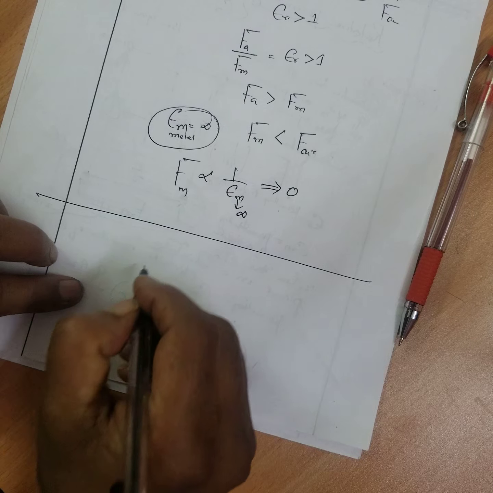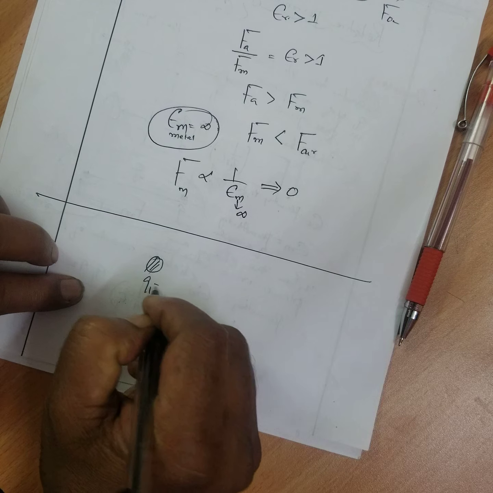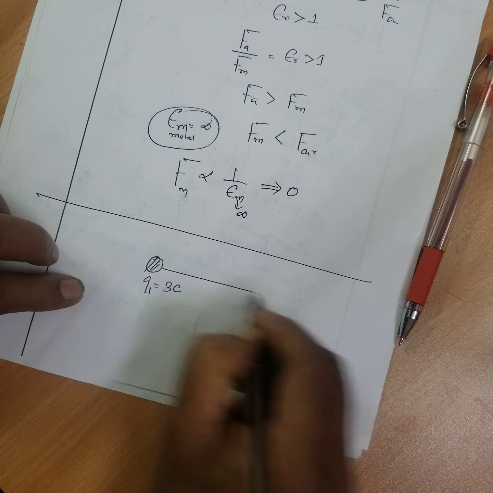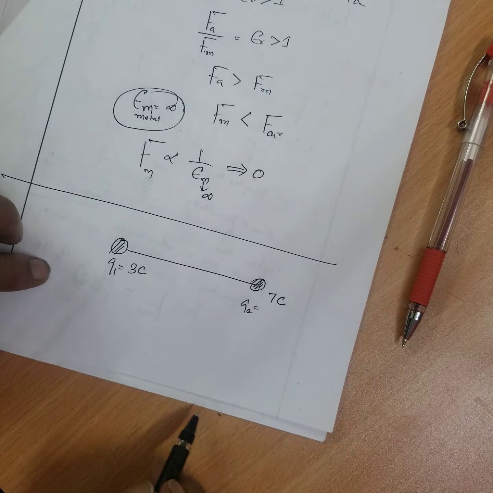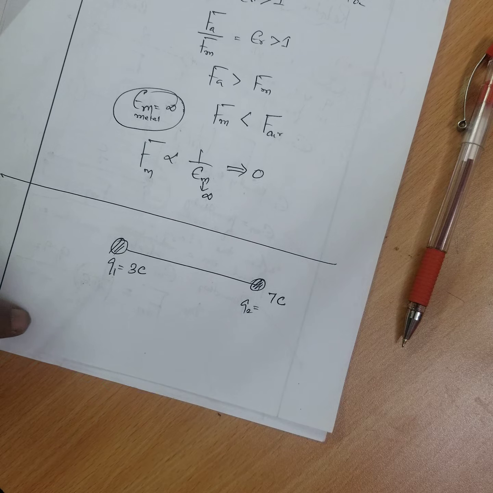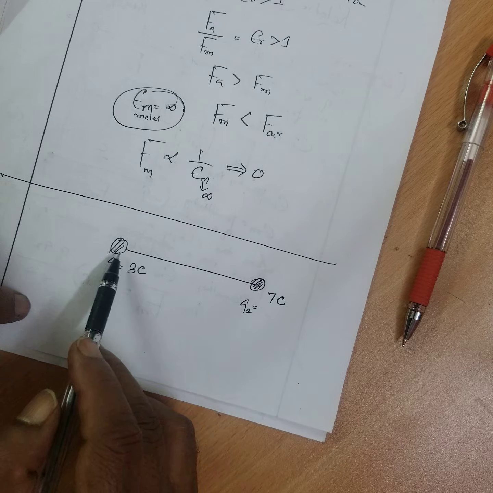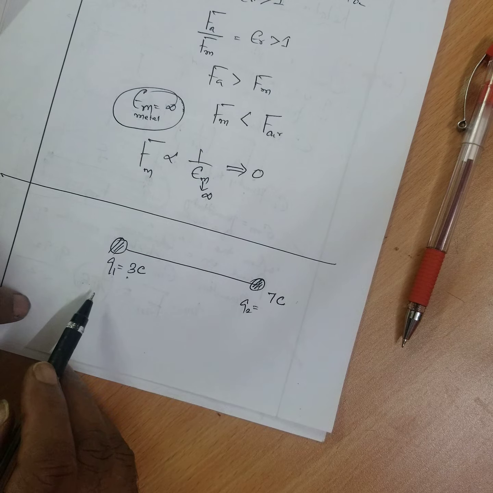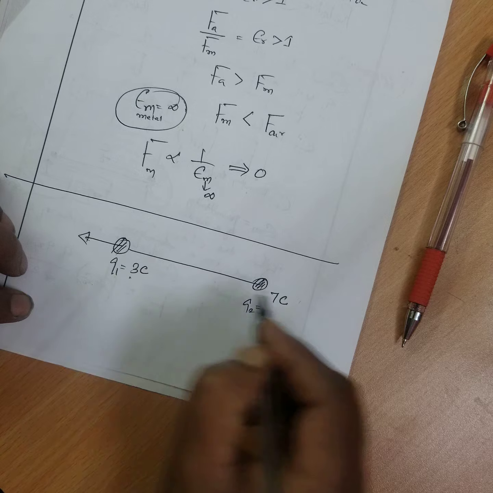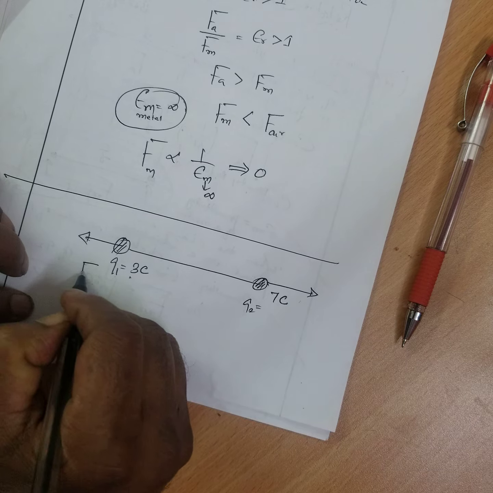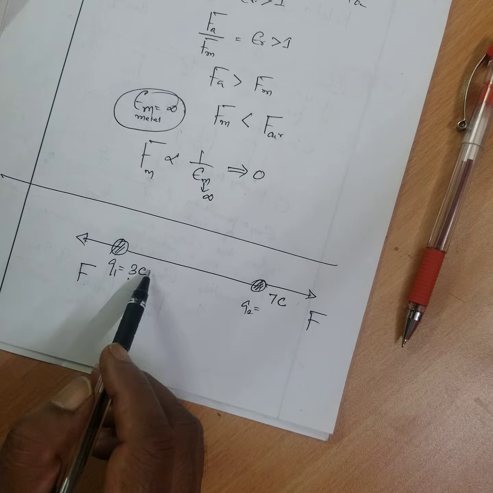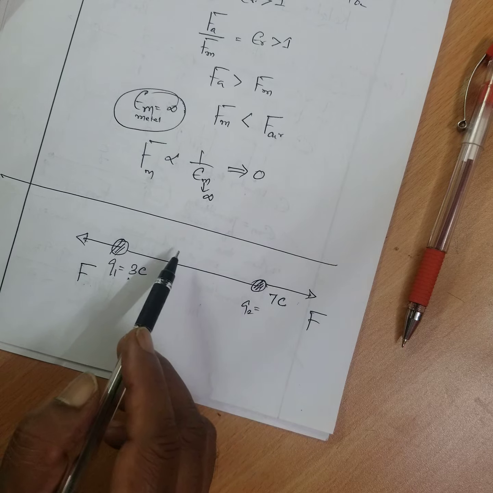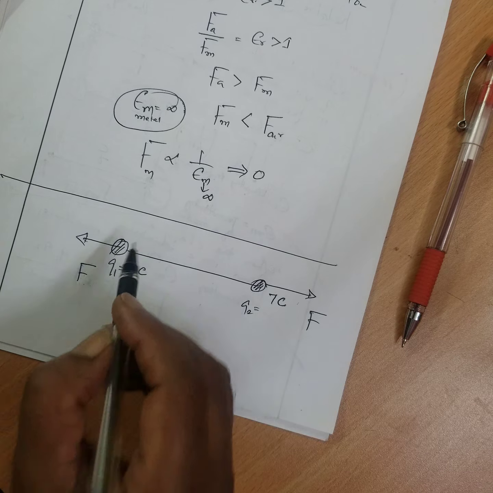See, another simple question. Suppose Q1 is equal to 3 Coulomb, Q2 is equal to 7 Coulomb. Which charge will have more force? Either 3 or 7? Both will exert equal force, because this is an action-reaction pair. Got it? See, what is the action?